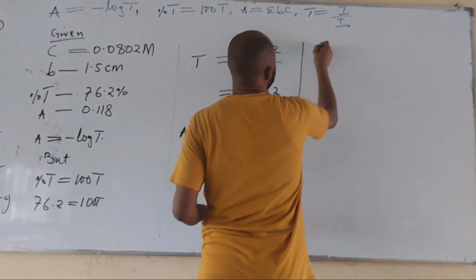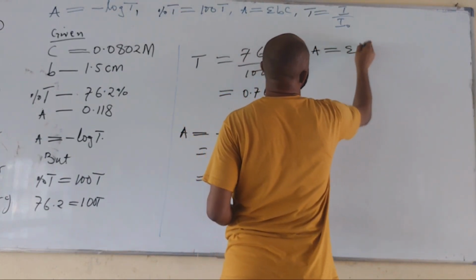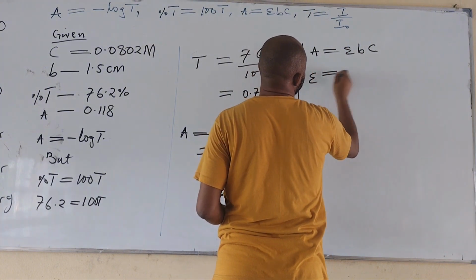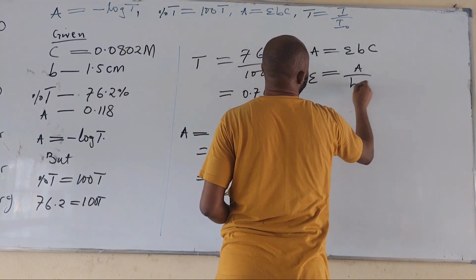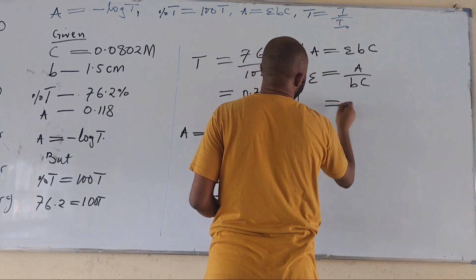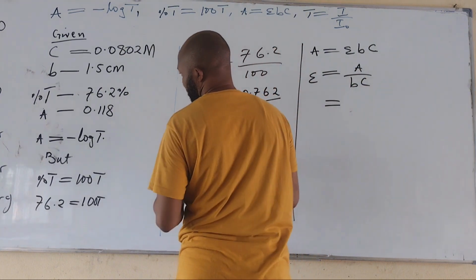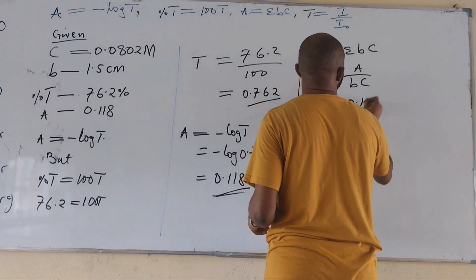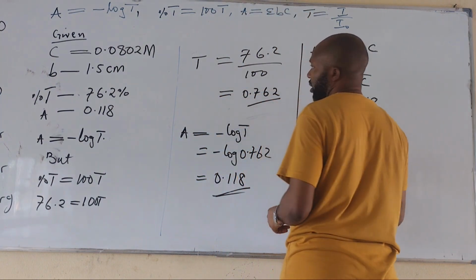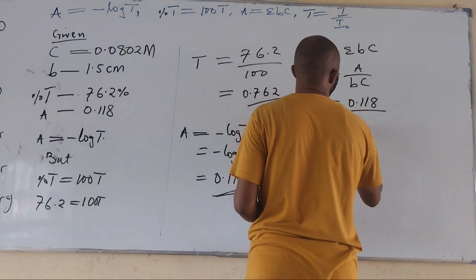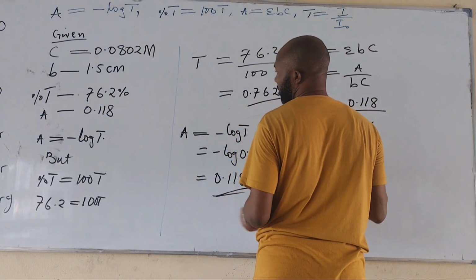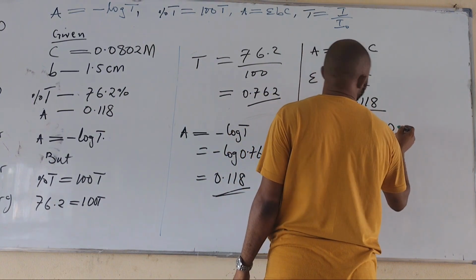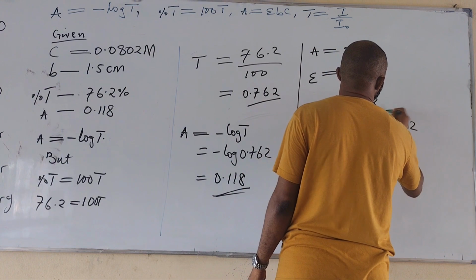Remember, A is equal to EBC. We're looking for E, so E is equal to A over BC. Our absorbance is 0.118 over B, the path length is 1.5, times C, the concentration, 0.0802.